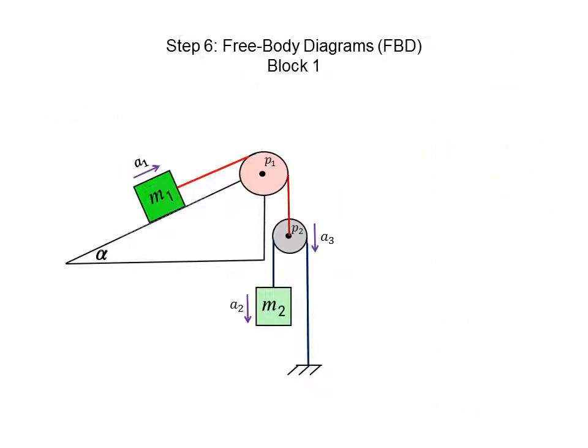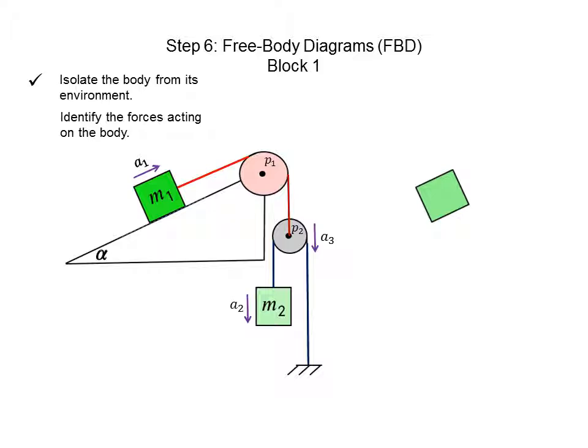Step 6. Free body diagrams, FBD. Block 1. Isolate the body from its environment. Identify the forces acting on the body. The weight force downward exerted by the earth.